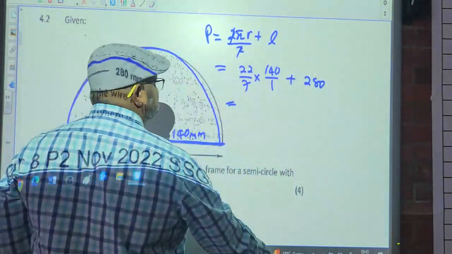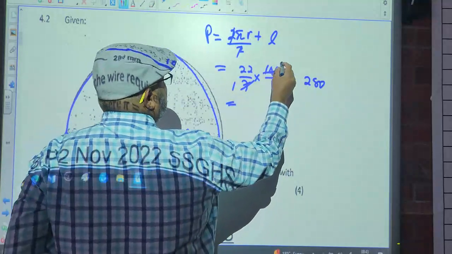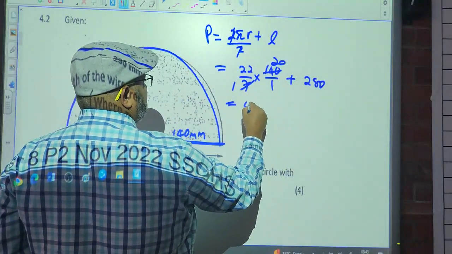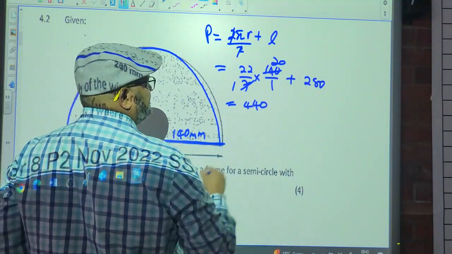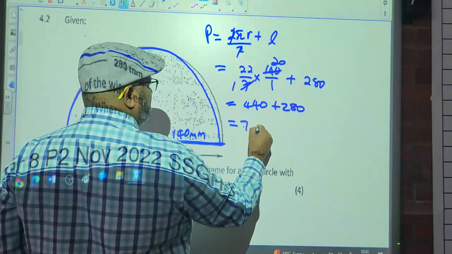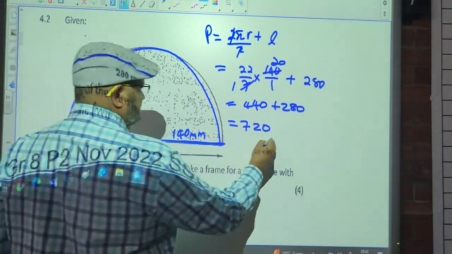Okay, so that gives us 7 going into 7 once, 7 going into 140, 20 times. So 20 times 22 is 440, is that correct? Plus 280. So it's going to be 720 millimeters. Is that correct?